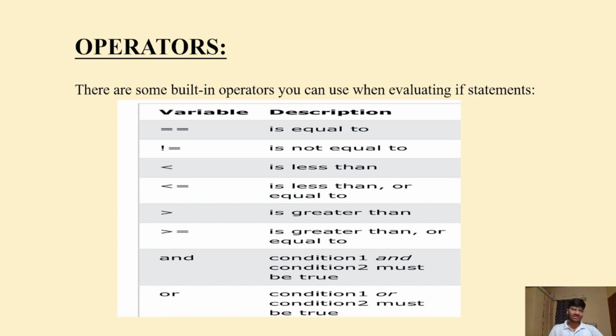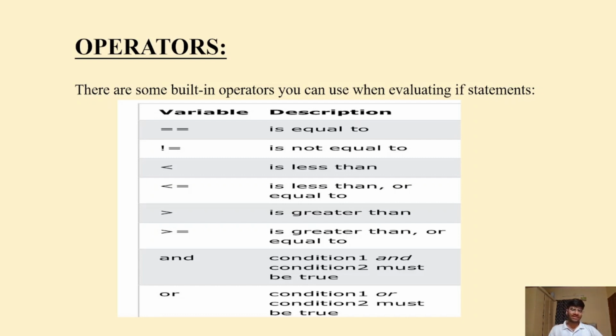Then the operators of different kinds we have is like double equals to, which prints when the condition comes true, and not equal to. Then we have less than or equal to.